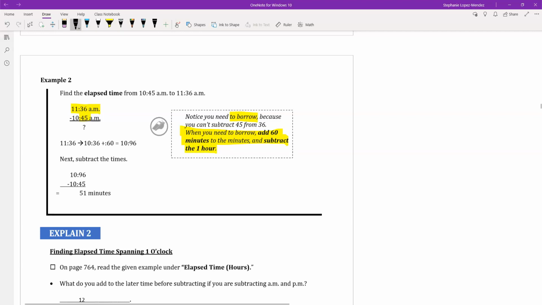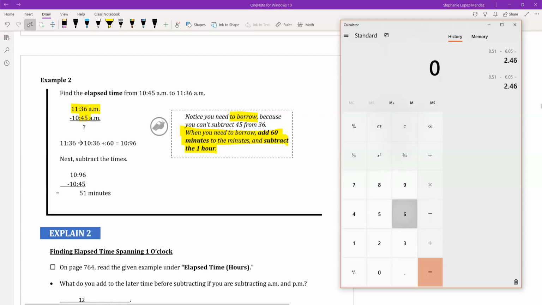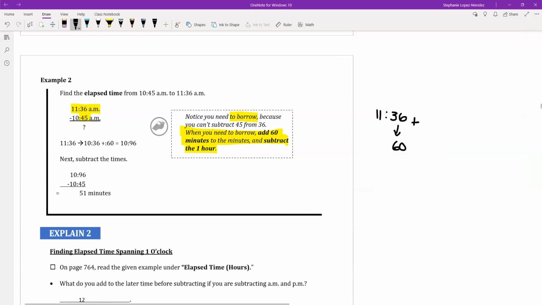What does that mean? So if I had 11:36 and I need to borrow 60 minutes, right? So to my 36 minutes, I'm going to add 60 more minutes. If I go to my calculator and I do 60 plus 36, that's equal to 96, right? So now my minutes are 96.